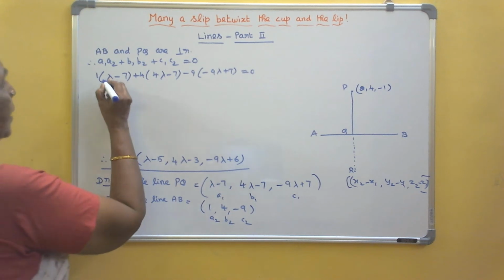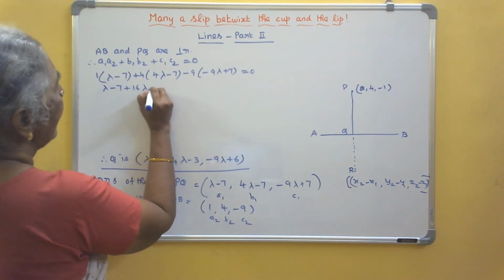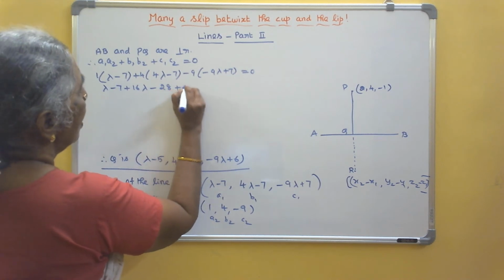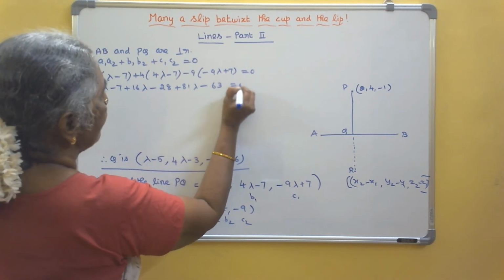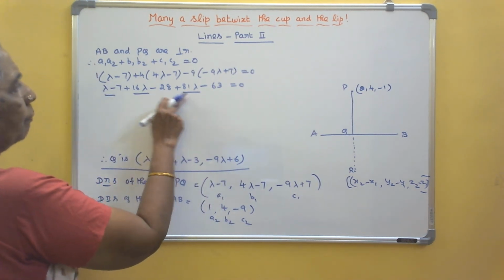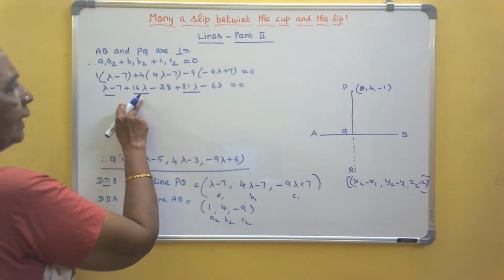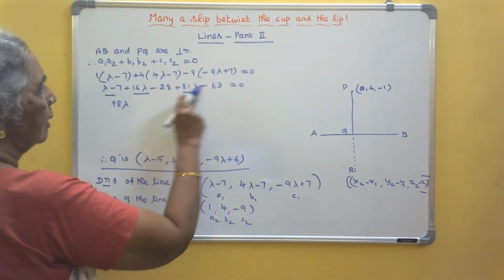So now let me expand: lambda minus 7 plus 16 lambda minus 28 plus 81 lambda minus 63 is equal to 0. So you have 81 plus 16 plus 1, that is 98 lambda.